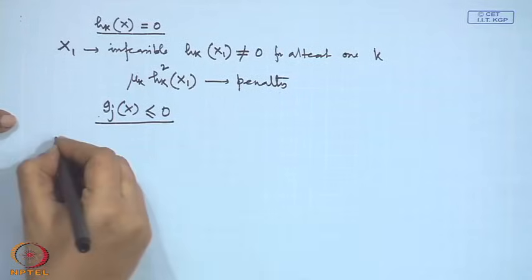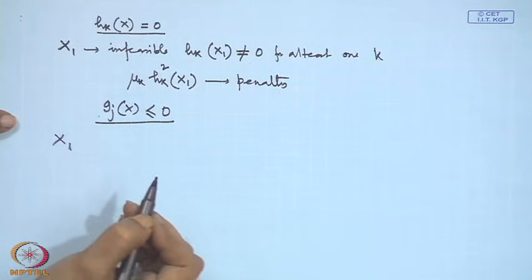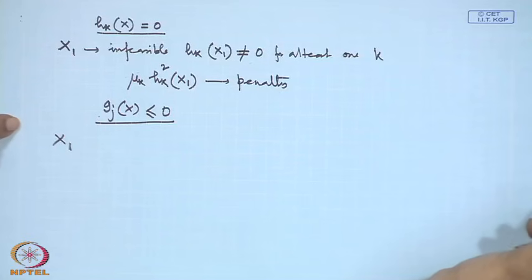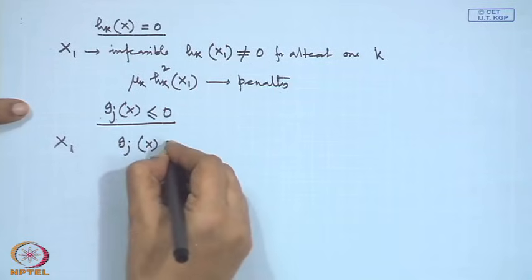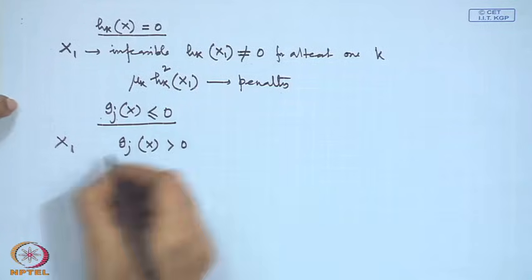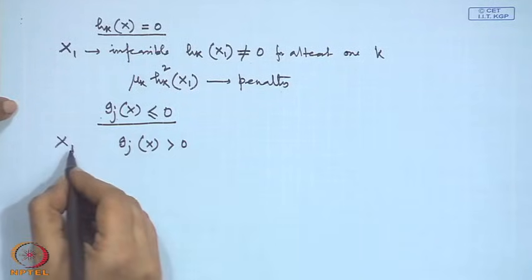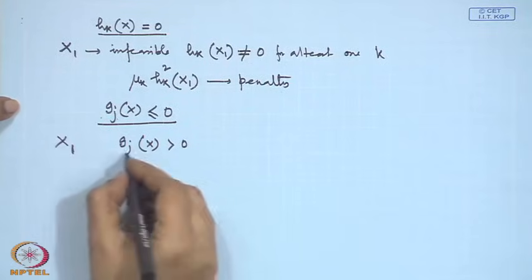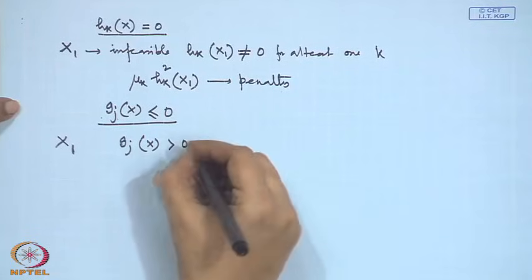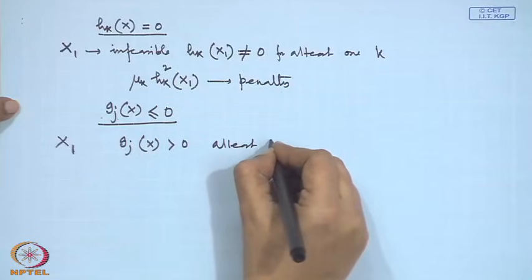Again, if x1 is the guess point for the optimal solution at any iteration and x1 is not feasible, then g_j(x1) is greater than 0 for at least one j, because if g_j(x) is less than or equal to 0 for all j, then x1 must be a feasible point.